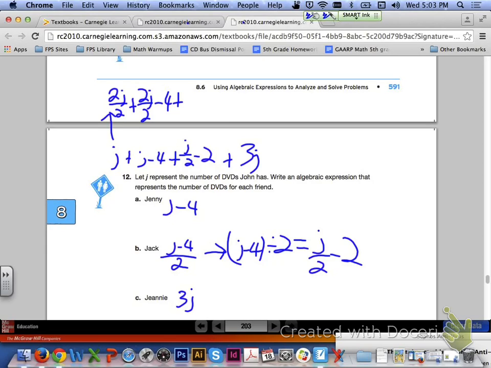Plus, and j over 2 doesn't have to change. Minus 2 doesn't have to change. And then plus 3j, so that would be, whoops, my mistake, that would be 6j over 2. And then you'd have to add those all up to find the expression.